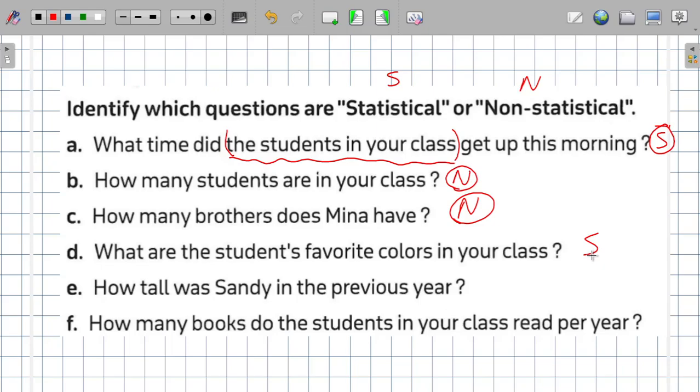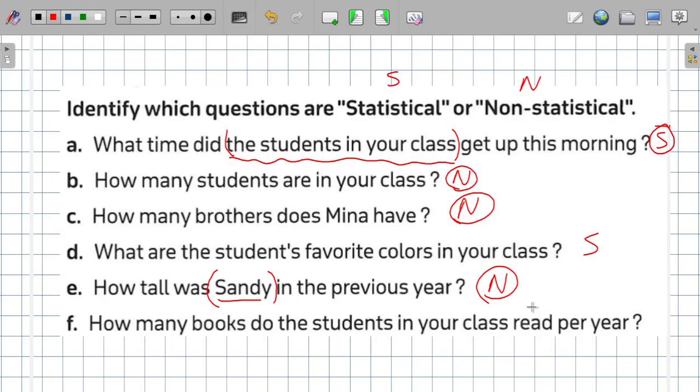Next, how tall was Sandy in the previous year? I think it's non-statistical because I will get just one answer, because I asked about one person, Sandy. Next, how many books do the students in your class read per year?